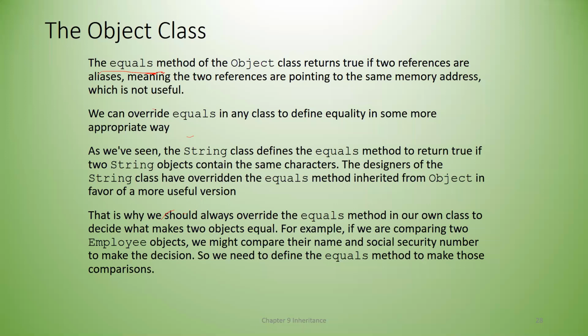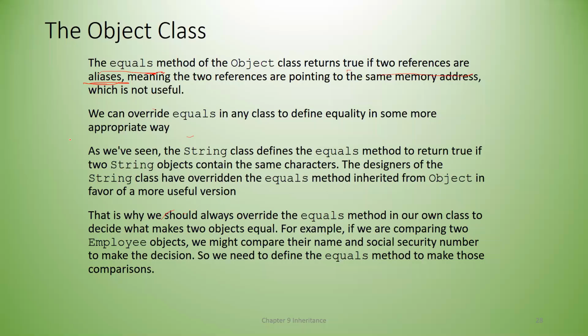The equals method of the Object class returns true if two references are aliases. So this is another concept. What does aliases mean? Anyone?